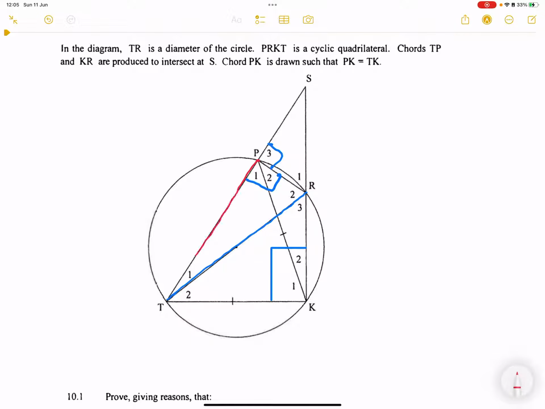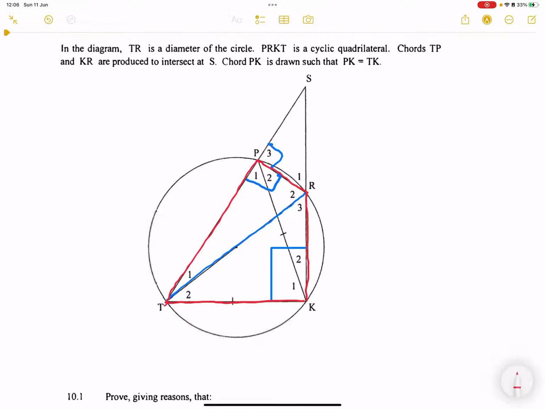Remember, this would be a cyclic quad PTKR, so we've got the exterior angle of a cyclic quad.